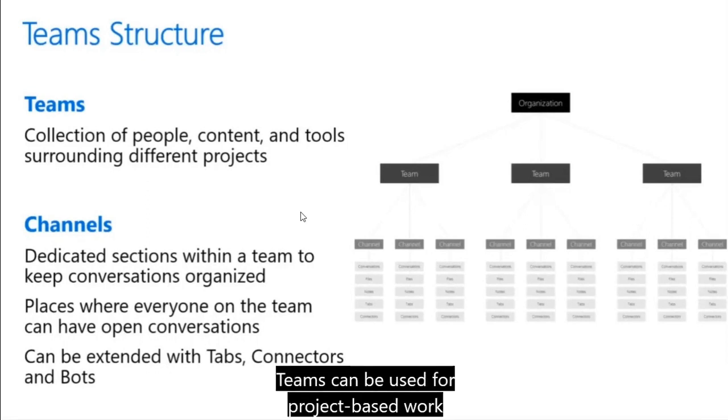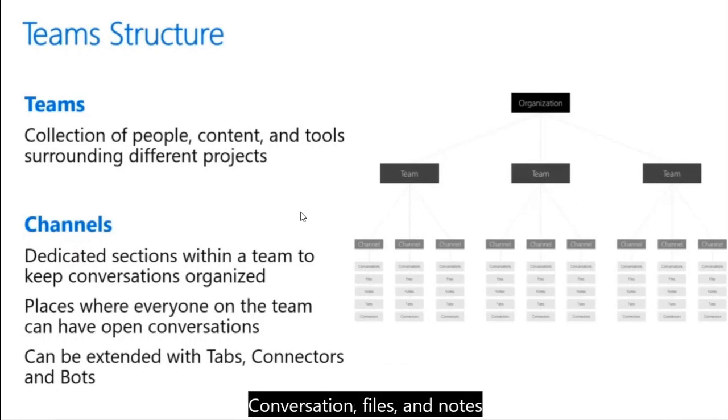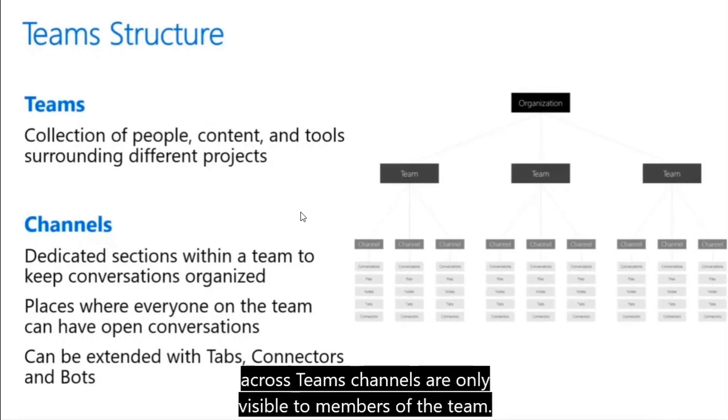Teams can be used for project-based work or to reflect the internal structure of your organization. Conversations, files, and notes across team channels are only visible to members of the team.